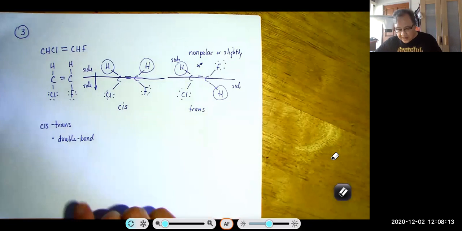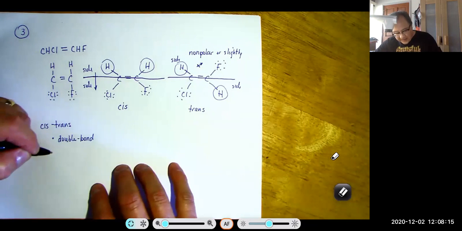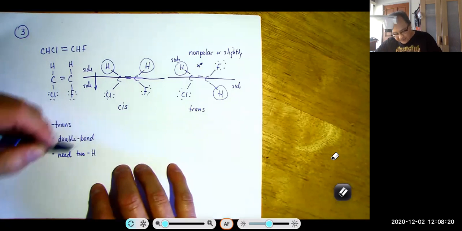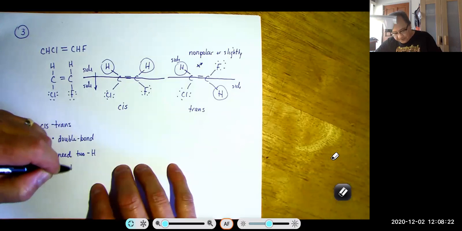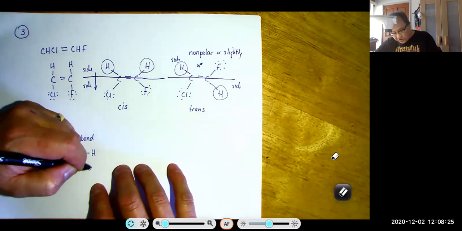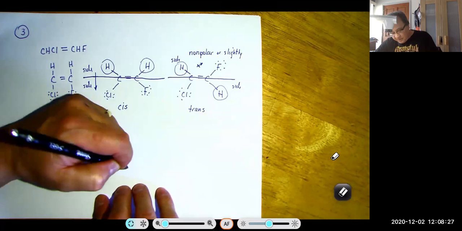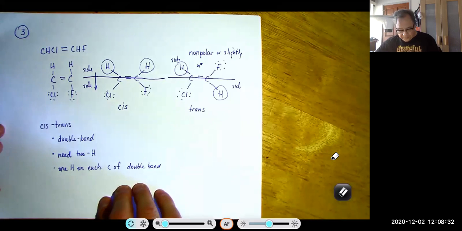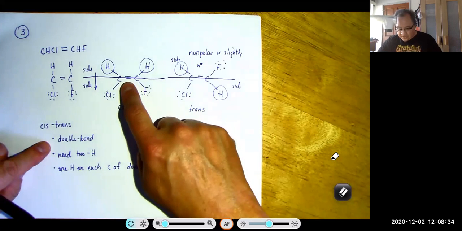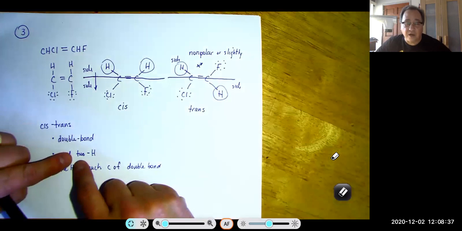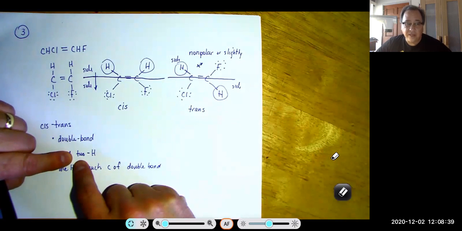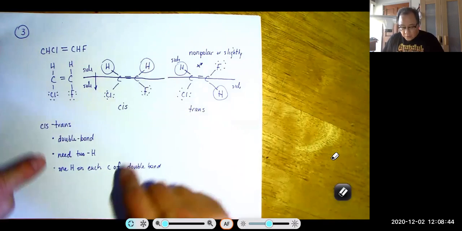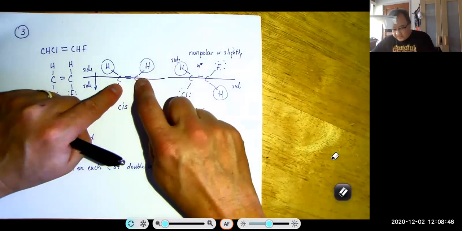So you can have a cis-trans for double bonds, and you need 2 hydrogens, and you have to have 1 hydrogen on each carbon of the double bond. So we have a double bond, we have 2 hydrogens. Notice this doesn't say 1 hydrogen or 3 or 4, it says 2. You need exactly 2 hydrogens and 1 hydrogen on each carbon.